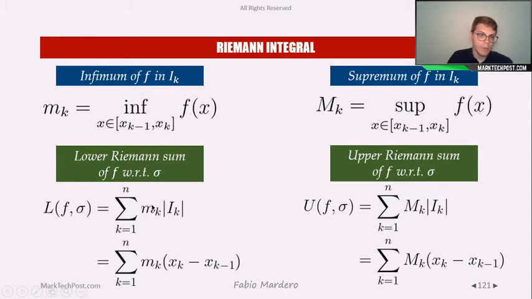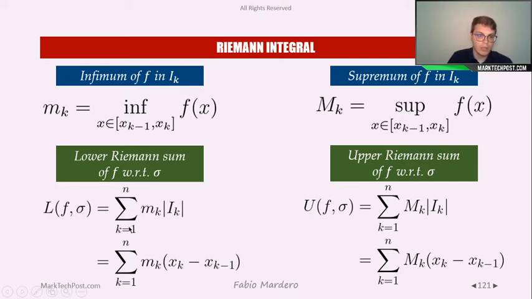What do we do here? Well, we simply approximate the value of f in I_k as m_k, and we multiply by the length of the interval, which is x_k minus x_(k-1).